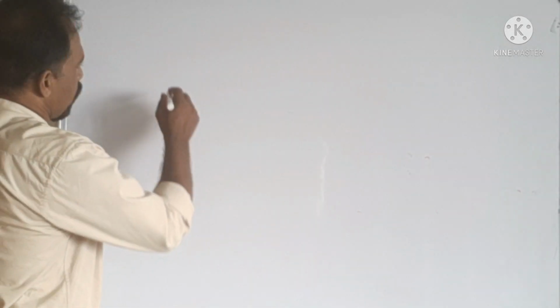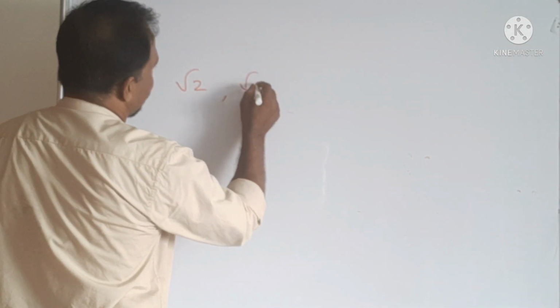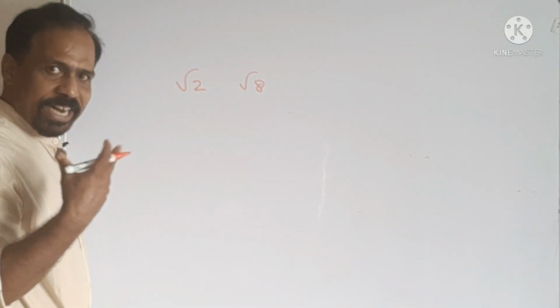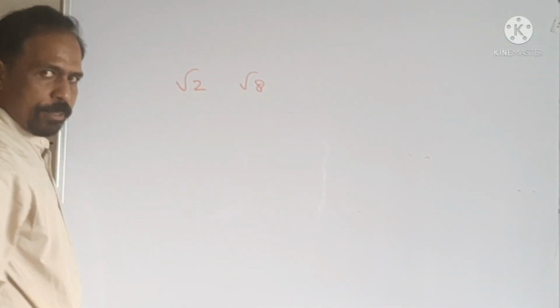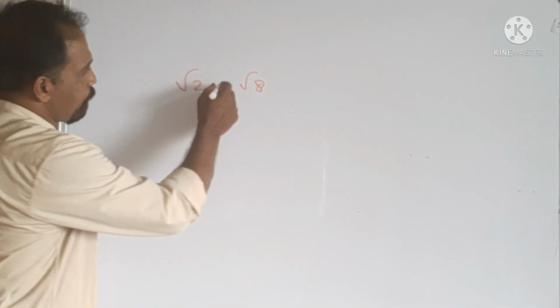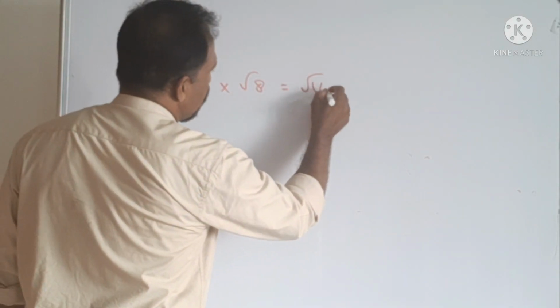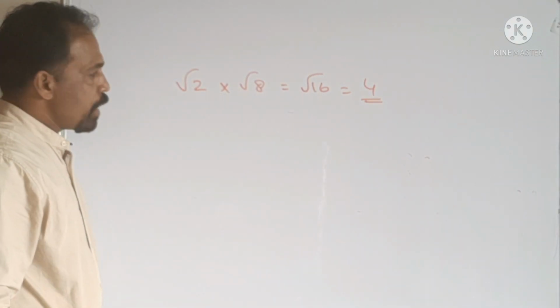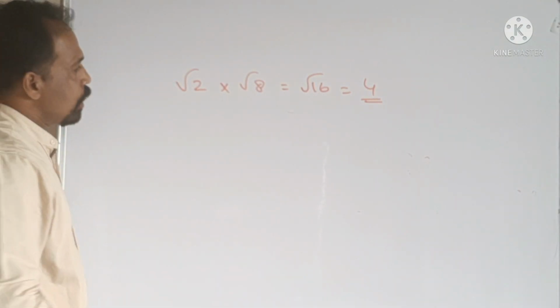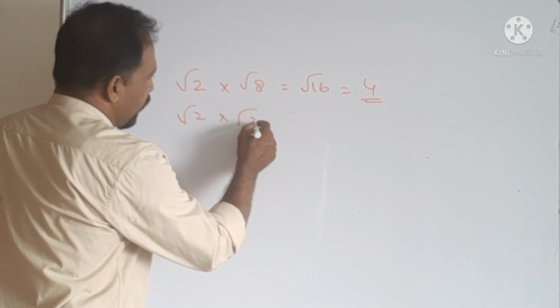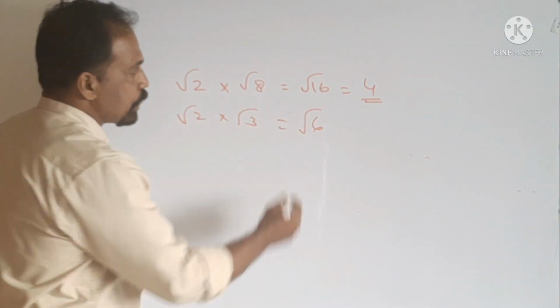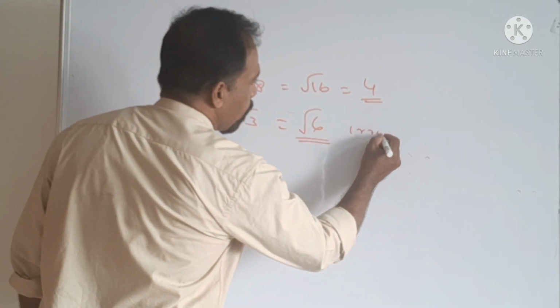Now let us take the example of √2 and √8. These are two different irrational numbers. If we multiply these, we will get √16, and √16 is 4. Now if we multiply √2 with √3, we will get √6, which is an irrational number.